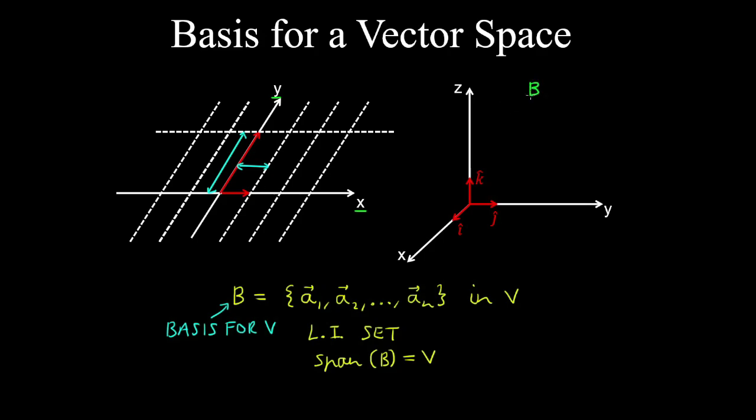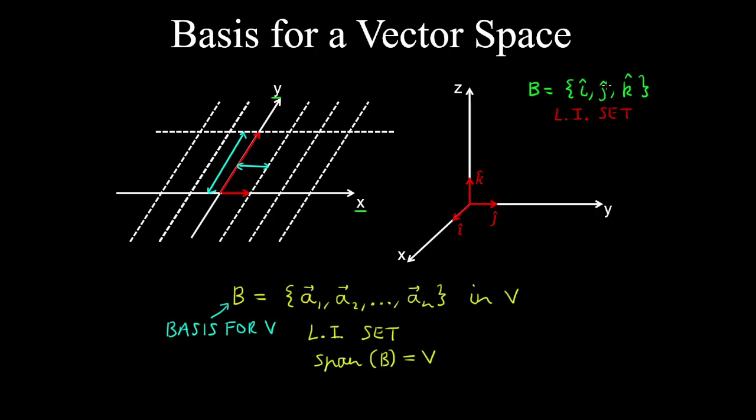So suppose we have a set of finite vectors being the unit vectors in 3-space. Well, as we've shown previously, set B is a linearly independent set.